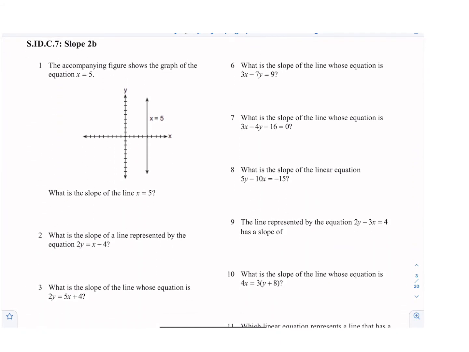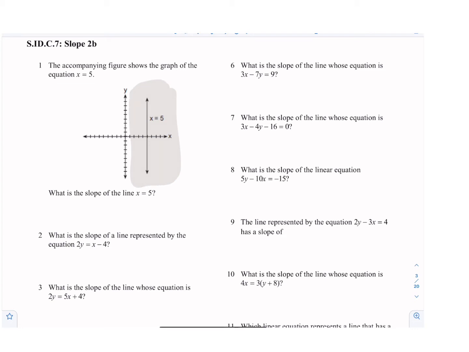In today's lesson, we talked about slope formula, and in yesterday's lesson, we talked about the equation of a line. In number 1, we discussed the fact that a vertical line has the equation x equals a number, such as you see here. This line right here has the equation x equals 5.